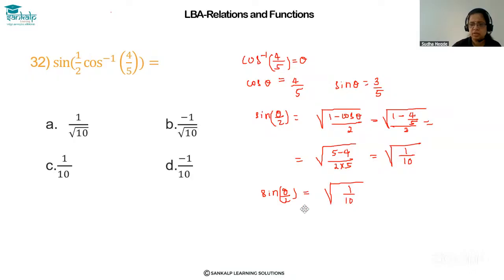Now see the given equation. It is sin 1 by 2 into cos inverse 4 by 5. But what is cos inverse 4 by 5? It is theta. So that is sin theta by 2 only, right?